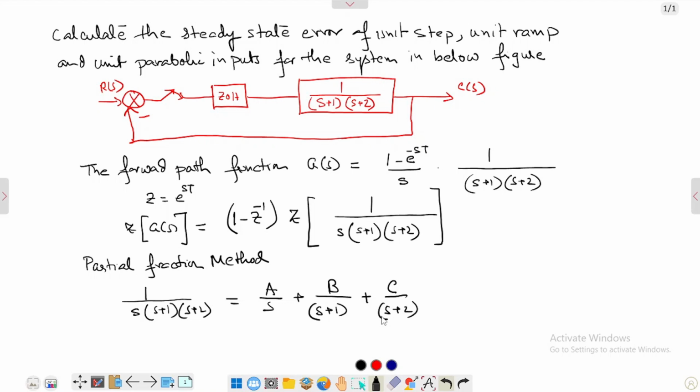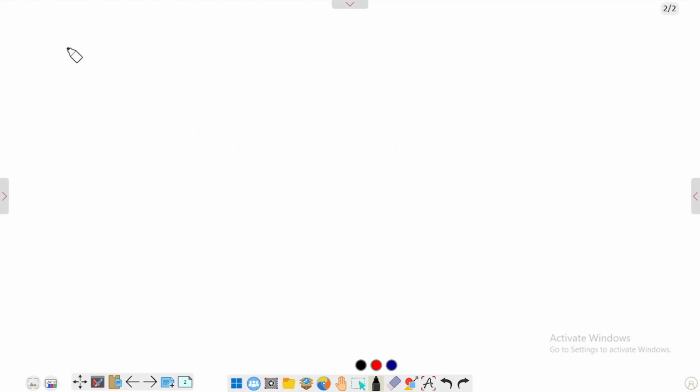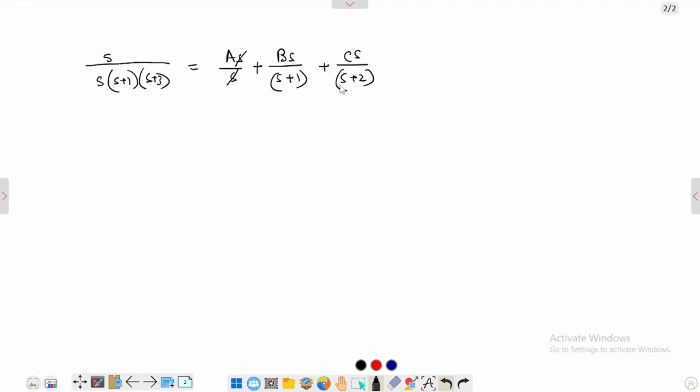At first I will find the value of A. To find A, I multiply both sides by s(s plus 1)(s plus 2), which gives 1 equals A(s plus 1)(s plus 2) plus B s(s plus 2) plus C s(s plus 1). We know the value of the pole is 0, so I will say s equal to 0.